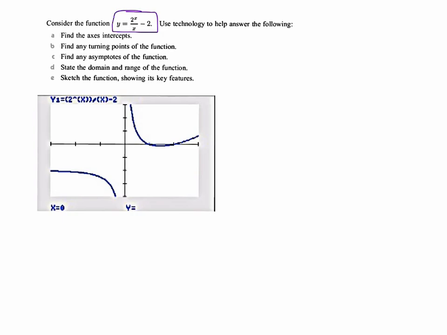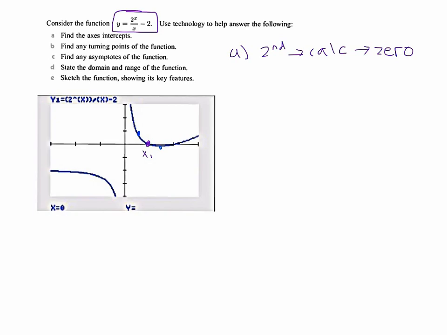Then, in order to find the axis intercepts, go to second, calc, which is the one above the trace, then go to zero. You want to click somewhere above the x-axis, somewhere below the x-axis, in order to find this zero, x1.